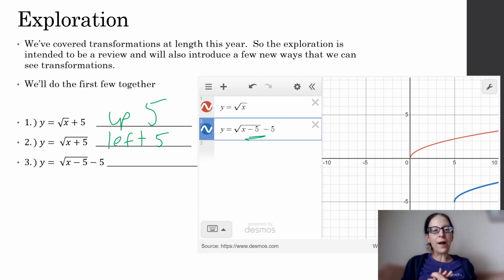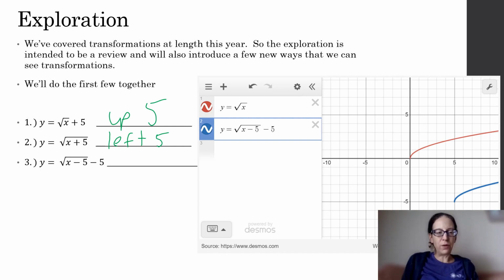Now the third one has subtracting the 5, and it's got both of them, okay? And we've done enough of this so that you can probably figure out what it's going to do. I'm going to get rid of that little mark right there. Okay, assuming that I can type it correctly. So we have a -5 under, and then another -5 not under.